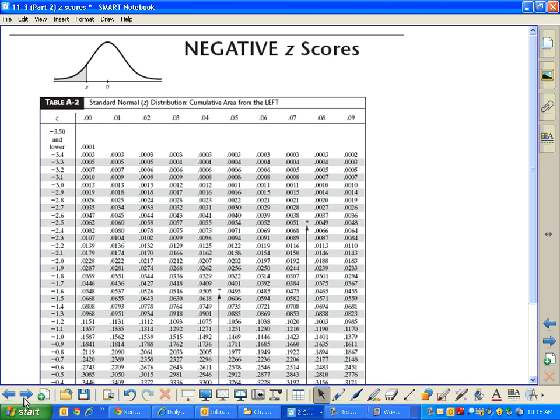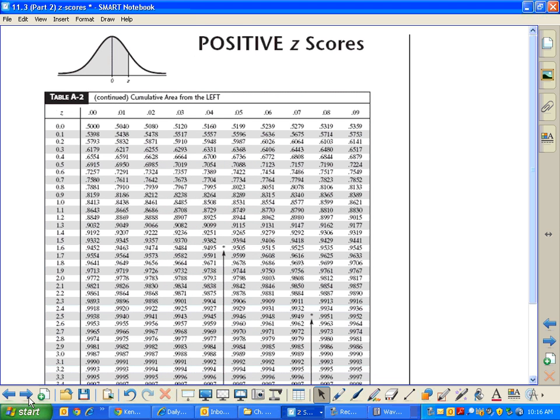Notice the percent of the graph that's shaded at the top. That's also your visual cue to let you know you're looking at the right side. This side, with negative z-scores, has data that's below average shaded, whereas if you get a positive z-score, you're shading above the average. So that's another visual reference for you.